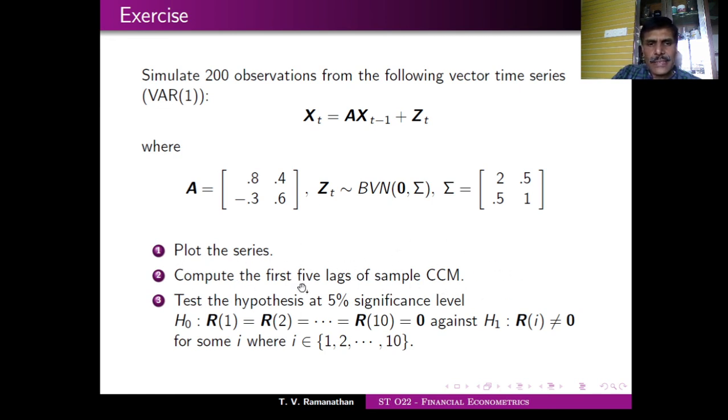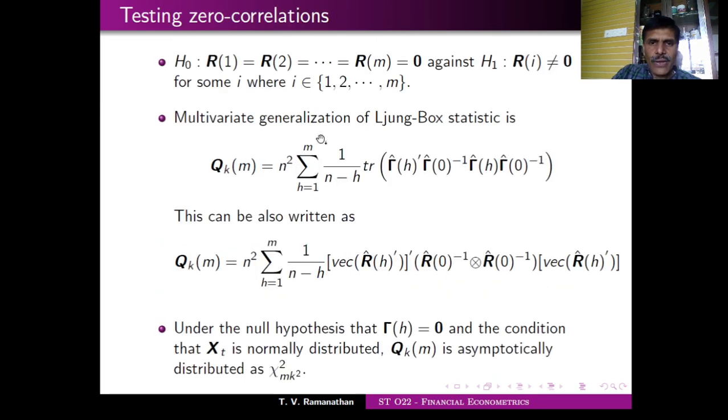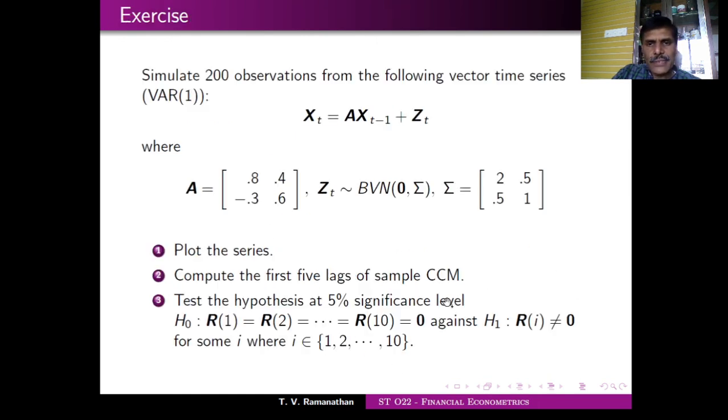CCM is the cross correlation matrix, and you test this hypothesis using this statistic or this statistic. The command I already told you, so this is available and you can directly test it. What are you trying to test? Whether the correlations of the first 10 lags are 0 or not, against the alternative that at least one of them is non-zero. Complete this, that will give a fair amount of idea.